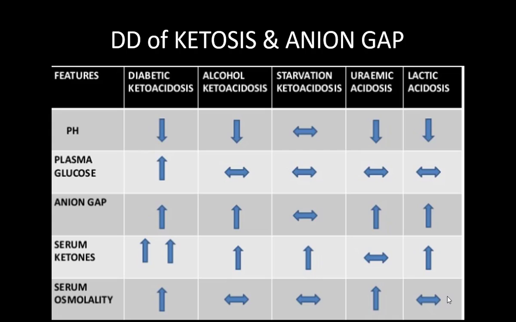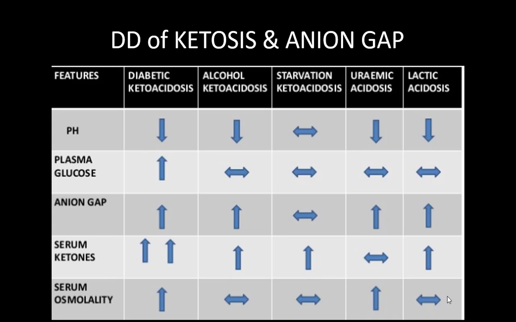If I have to give a differential diagnosis of various ketoses and anion gap, pH will go down in diabetic ketoacidosis, alcoholic ketoacidosis, uremic and lactic acidosis, whereas in starvation ketoacidosis, pH, anion gap and plasma glucose levels are unchanged.